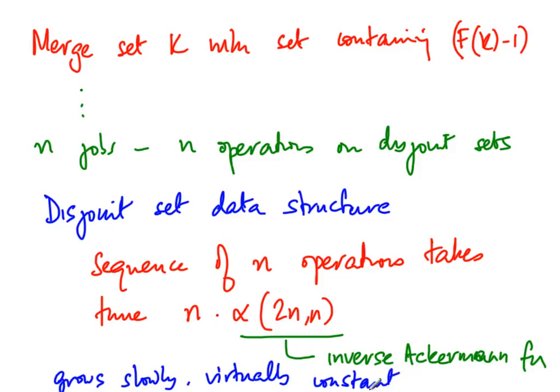So this means that instead of spending time n squared in order to do a sequence of n feasibility checks, over this entire sequence of operations using disjoint sets, I've actually brought down the total time of the feasibility checks to something which is almost linear in n. If we assume that this is close to a constant, it's some constant times n. It's not really a constant, but it grows extremely slowly. So therefore we have an optimization which brings us to almost linear.